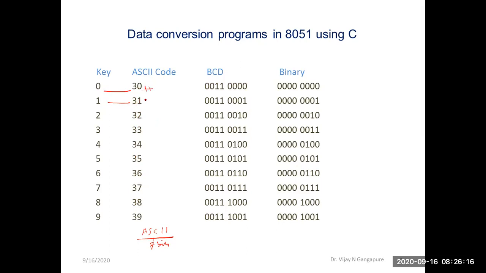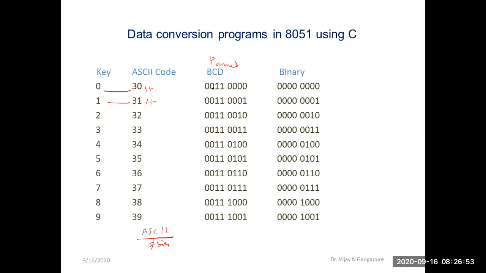These are hexadecimal numbers, meaning ultimately binary. When you convert it to binary, or code it in BCD, 3 will become 0011. So this is actually packed BCD, the packed BCD representation of this ASCII code 30. 3 will be converted to one BCD number, and 0 will be converted to another BCD number in 4-bit format, and both are packed together in 8 bits, which is called packed BCD.